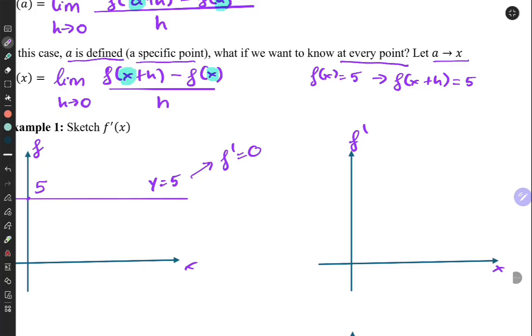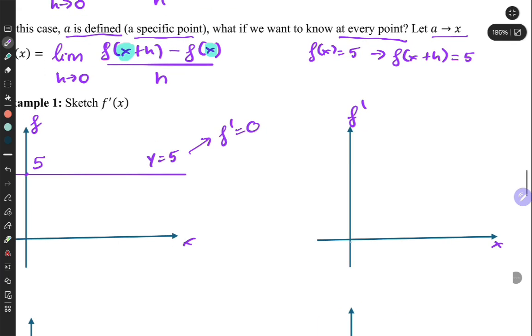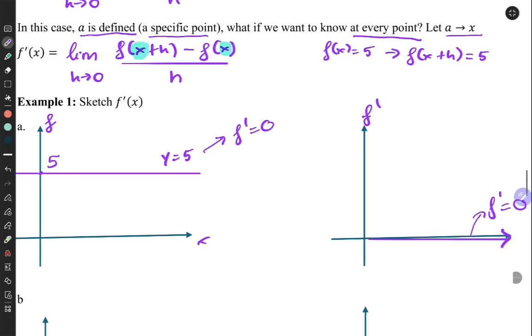First of all, is it a line, a curve, a point, a dot? It's a line, correct. Where? The x-axis, y equals 0. That is f prime equals 0, basically the x-axis.